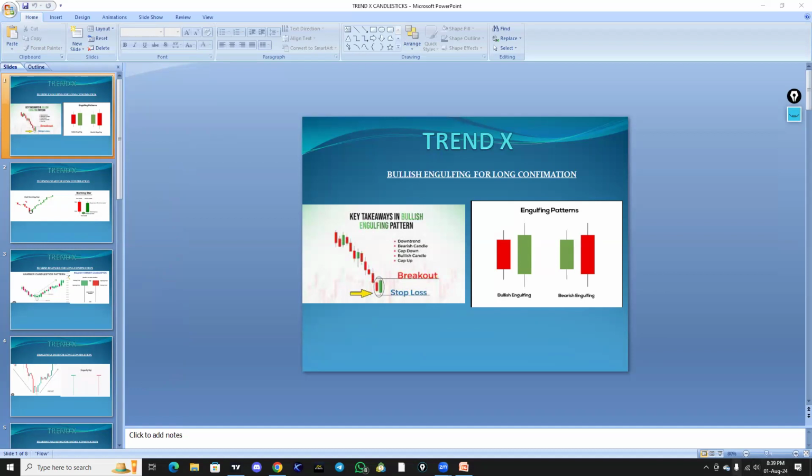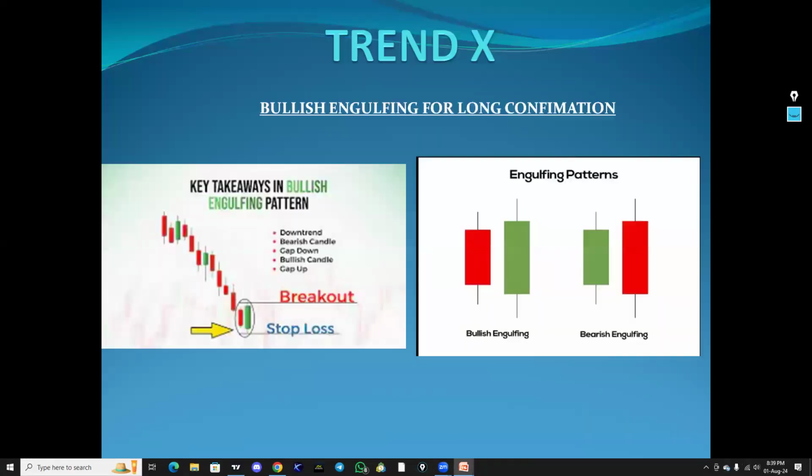First, I'll show you the first candle. This is a bullish engulfing. This is for long positions.